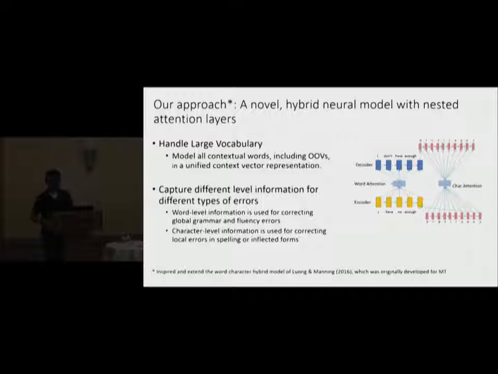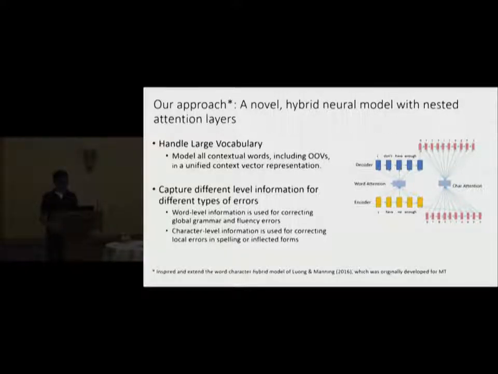So here we come with our approach. We propose a novel hybrid neural network with a nested attention layer. The approach solves the large vocabulary problem, especially in the OOV case. What we do is bring the contextual words into a unified vector representation, including its context.